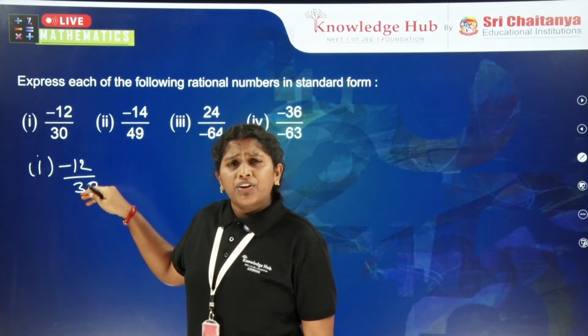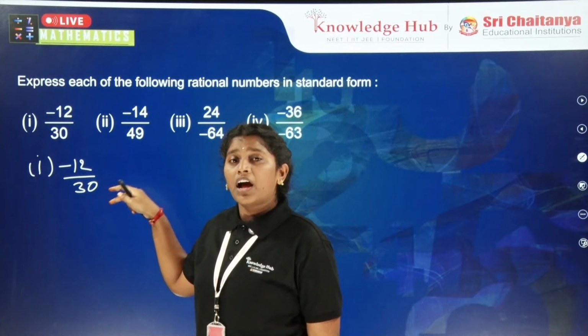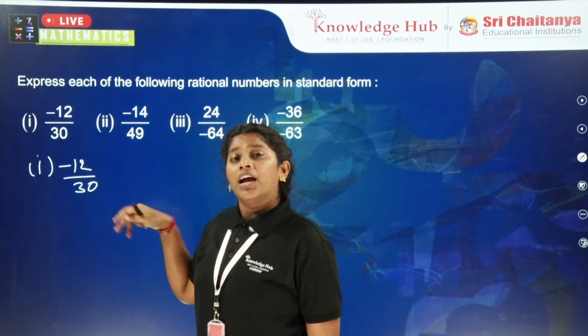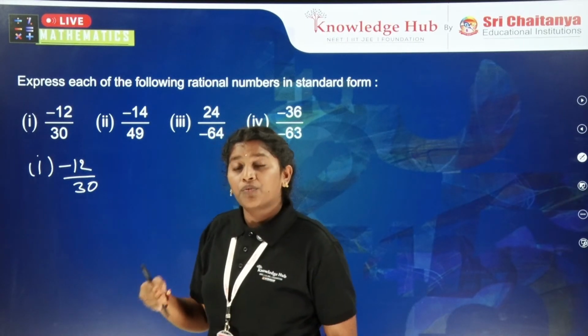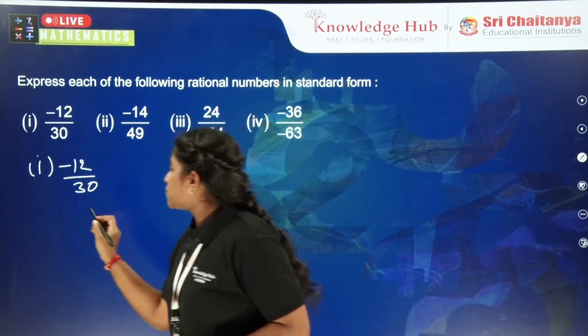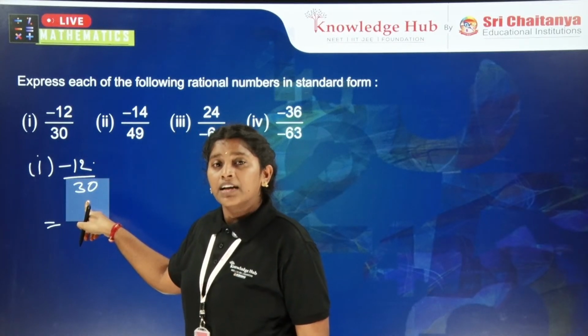Here the denominator has the positive sign, but the numerator and denominator do not have only 1 as the common factor. They have a common factor other than 1, so we have to simplify it to get the simplest form. Now, 12 and 30 have the common factor 6.